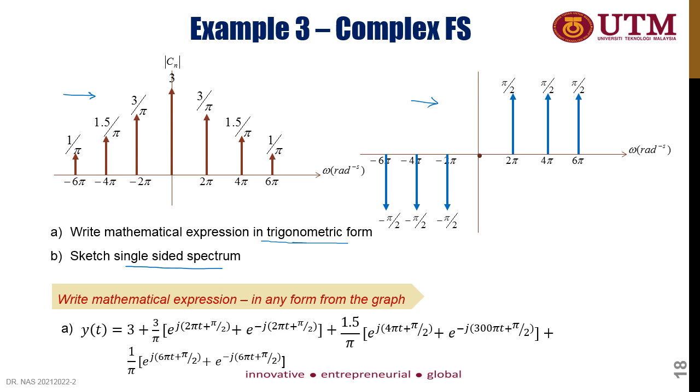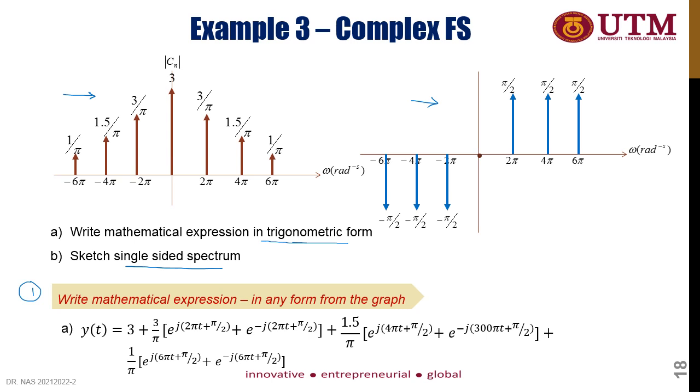So to start with, you need to write down the mathematical expression in any form that you can get from the graph. Obviously, this is the double-sided spectrum, so you can get the exponential Fourier series. Start with C naught.